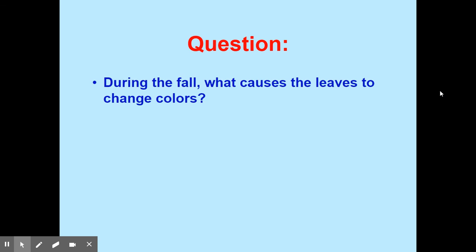Next one. During the fall, what causes the leaves to change color? So as we all know, leaves don't stay green all the time here in the Midwest, especially up here in Minnesota. In the fall, we get those very pretty colors of red, orange, and yellow. And there's a reason for why that happens.